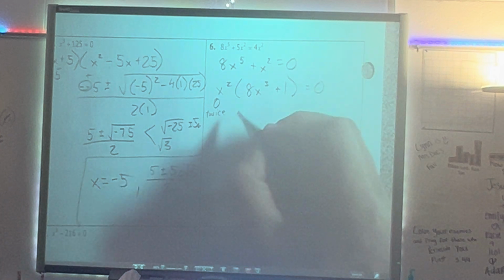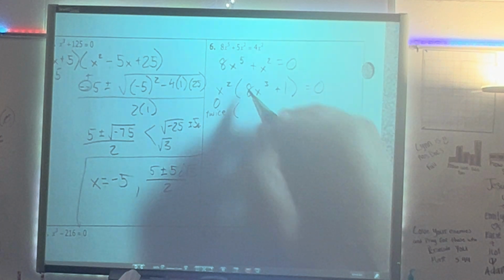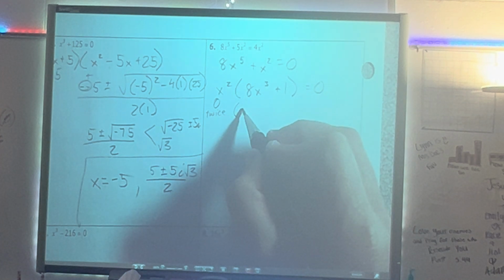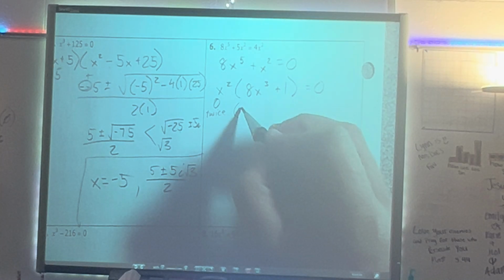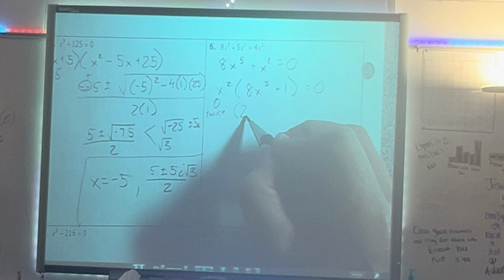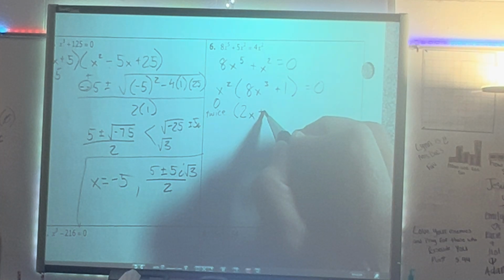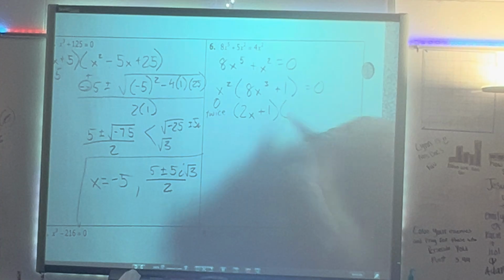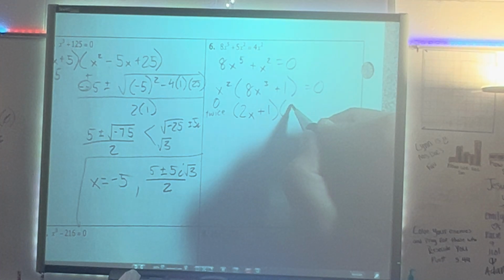Okay, so if that is a sum of cubes, then what goes here? What's the cube root of 8? What's the cube root of x to the 3rd? What's the cube root of 1? Still 1. Okay, so what is this here? How do I get this number? It's going to be 4x squared.